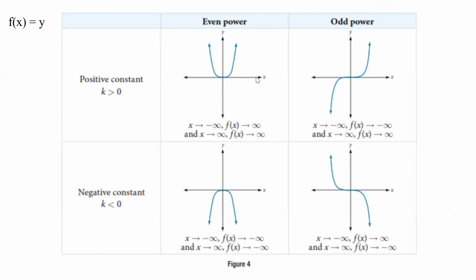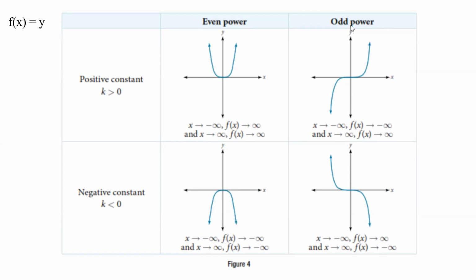And as x goes to positive infinity, f of x goes to positive infinity. Now, if we have the negative constant, so a negative x to some even n power, it's going to go down like this. As x goes to negative infinity, f of x goes to negative infinity, and as x goes to positive infinity, f of x still goes to negative infinity.